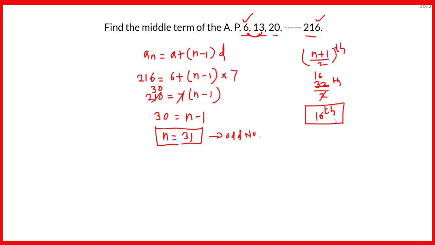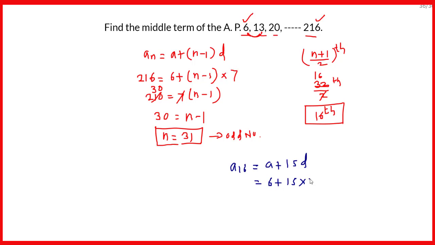And now you have to find the middle term, means you have to find the 16th term, and you can find the 16th term as A16, that is equal to A plus 15D. So A16 we have to find. So A, that is the first term, again it is 6 plus 15 into common difference.